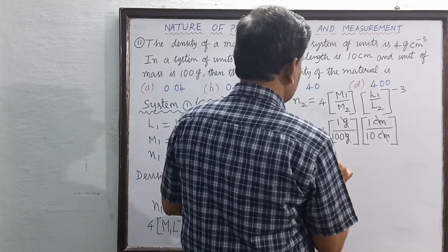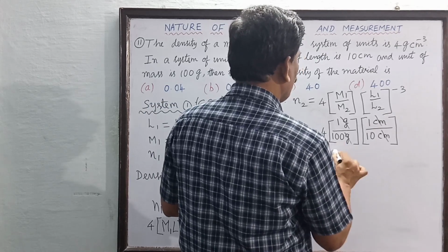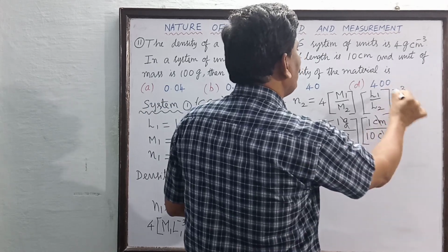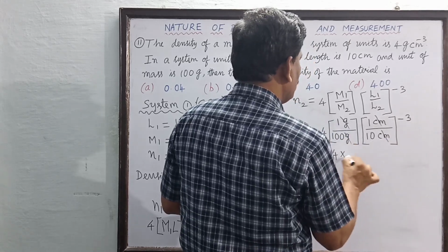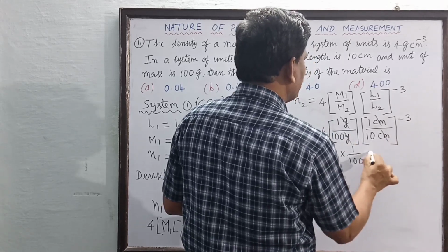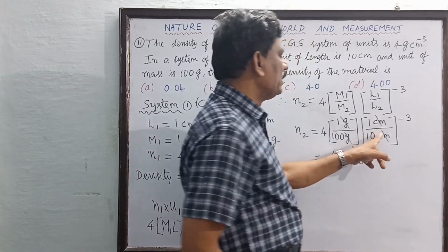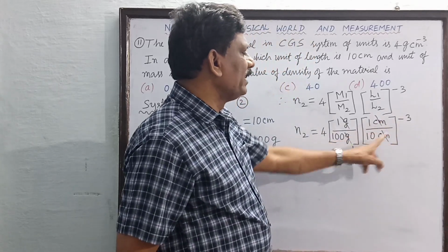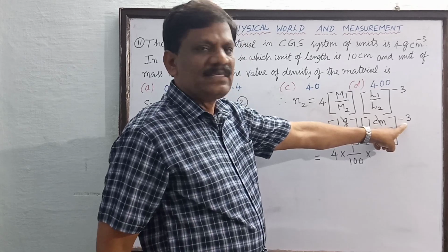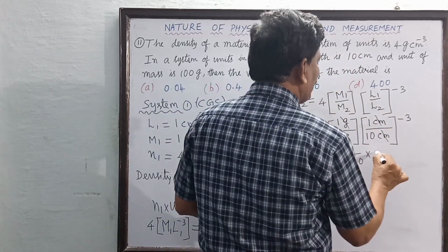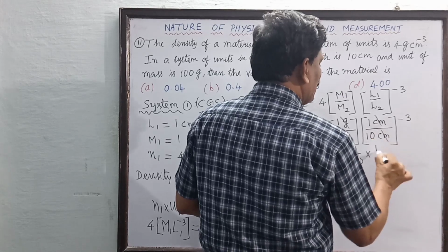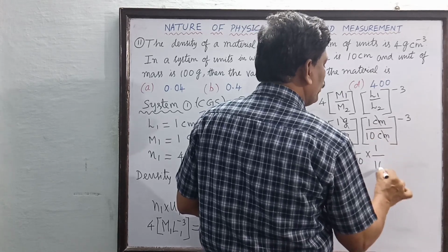So this is now equal to 4, whole power minus 3 is there. So this is 4 into 1 by 100, into 1 by 10 whole power minus 3. If you take this as numerator, it will become 10 power plus 3. I will substitute in steps so that you will understand clearly.